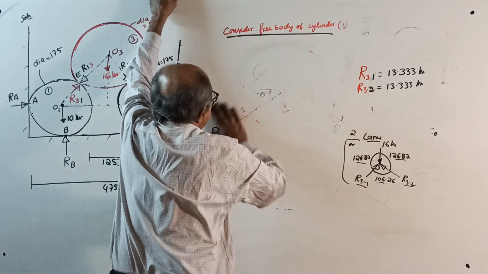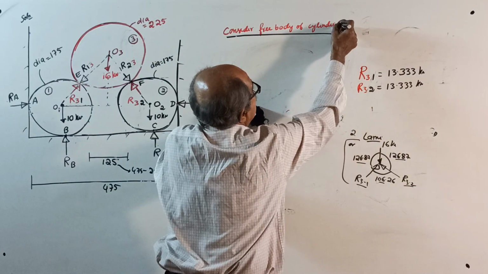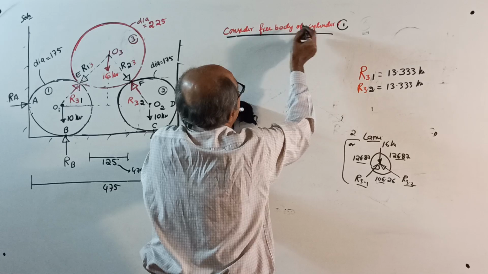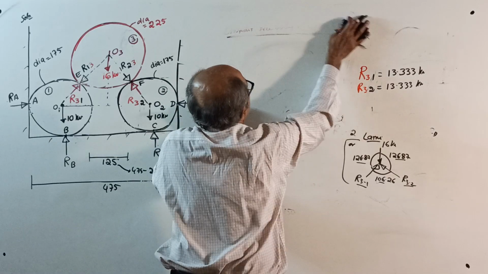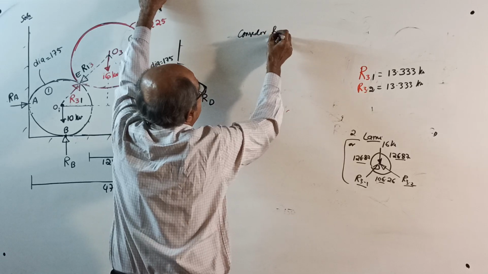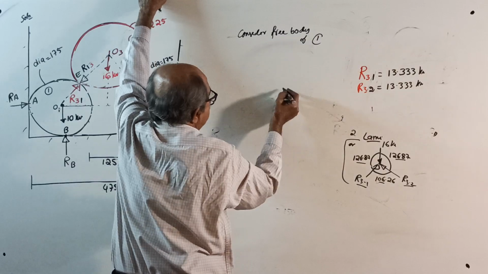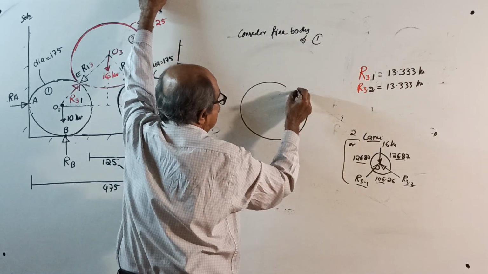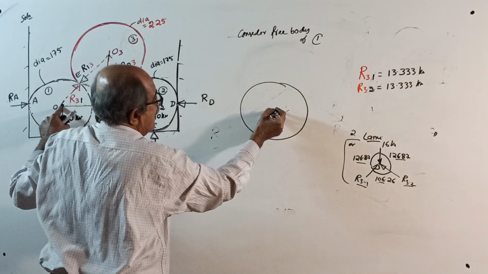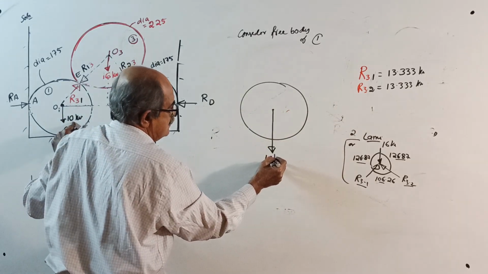It's not required. Now consider the free body of cylinder 1. Now, red color is not there, black color. Consider the free body of cylinder 1. See, weight acting down, how much? 10 kilonewton.